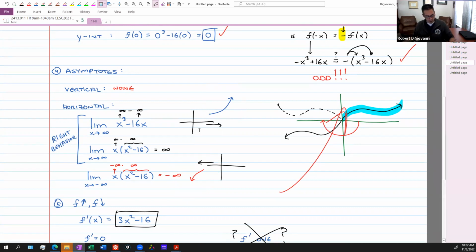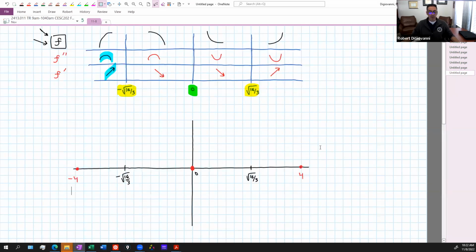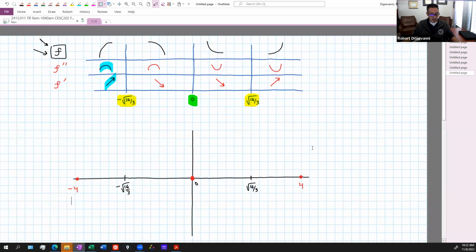All right. And then the rest was the up and down. So I think now what I would do is I would take these points, and this one, and plug those into the original function. And those would give me hard points, wouldn't they?